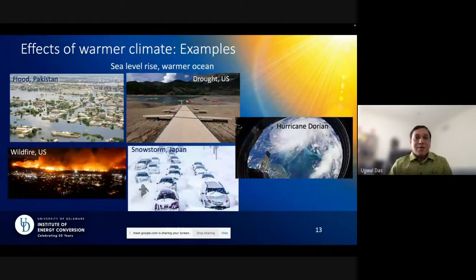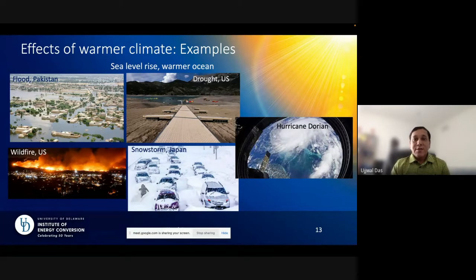So here are some examples of the warmer climates and these natural disasters. As all of you know, recent flood in Pakistan. You may not know this year one of the biggest and the dangerous wildfire in U.S. in California. We are also showing a longest drought in U.S. in other parts of the region.